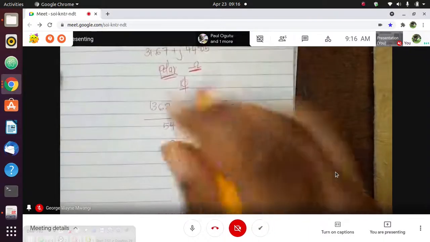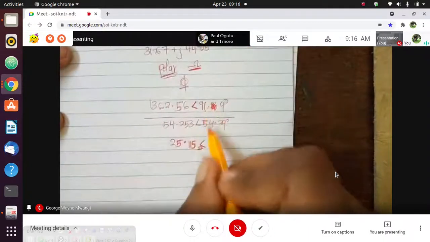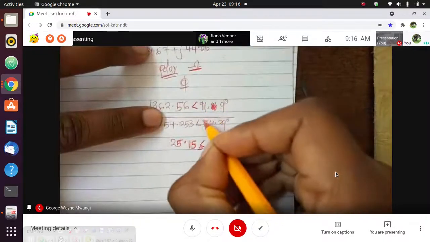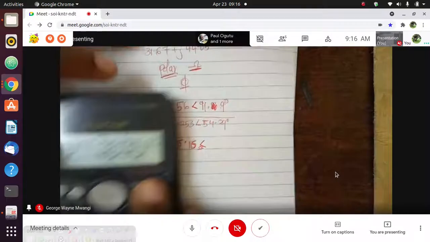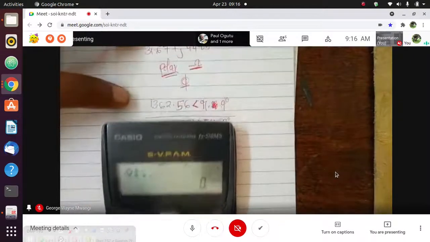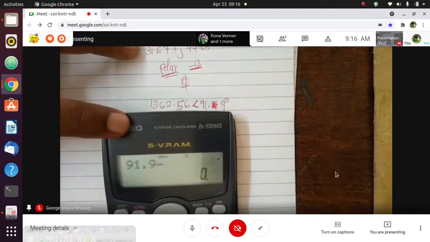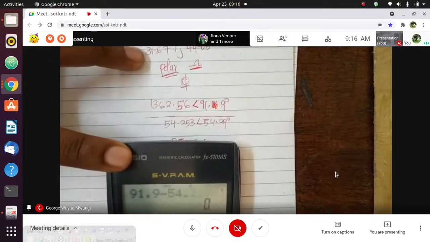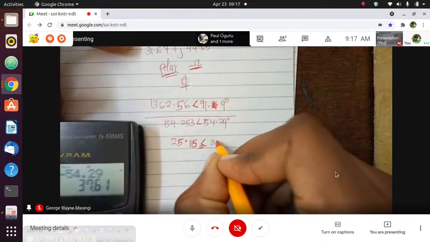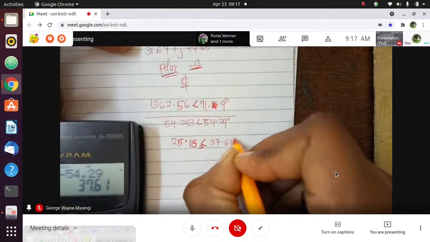And now the angle. How do we find the angle? We don't divide the angle, we subtract. So 91.9 minus 54.29. That will give you the value of the angle in degrees.